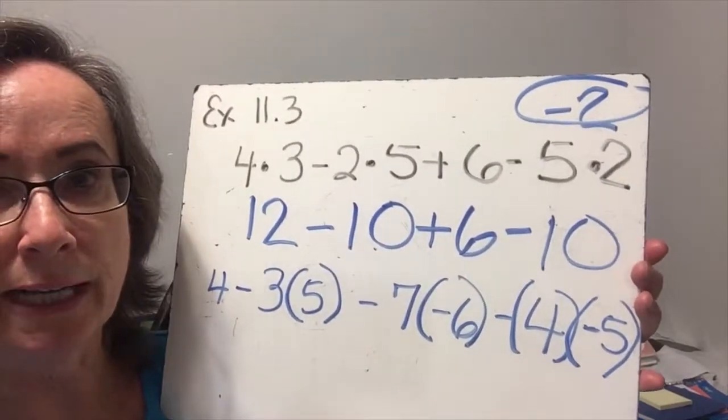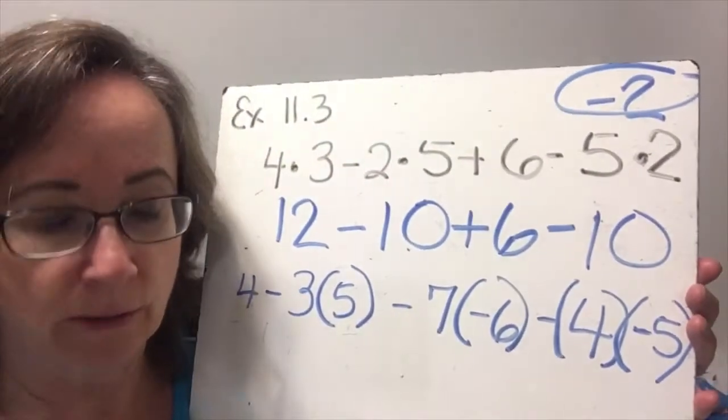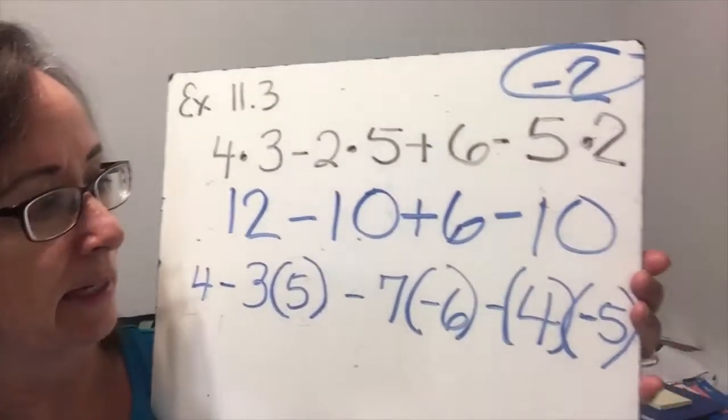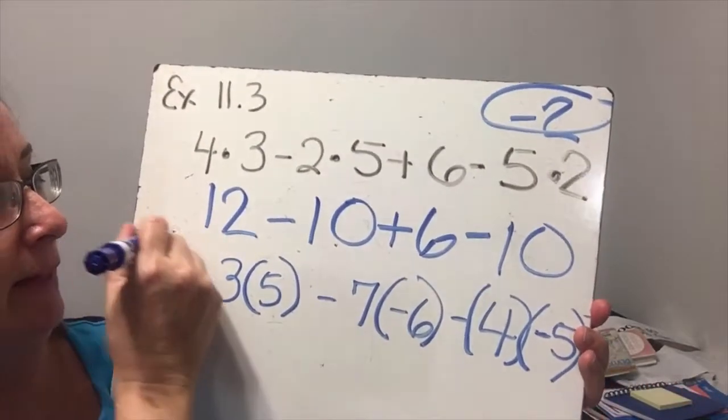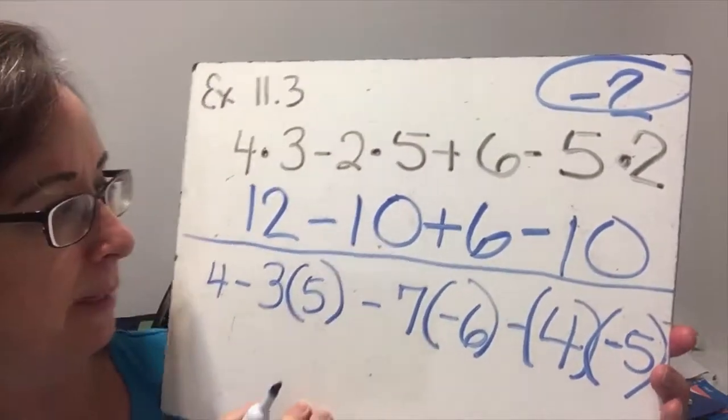And now we're starting section C, which is about identifying when you're going to multiply and when you're going to add. So here we have this problem, and notice that they've changed up a little bit.